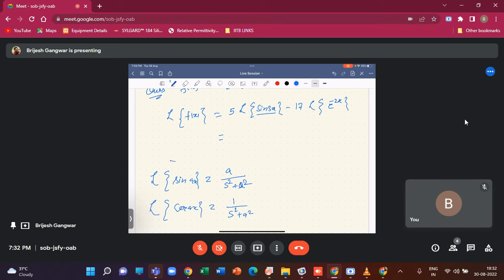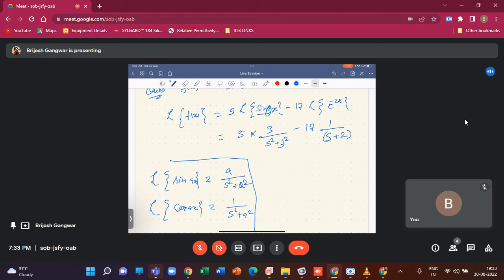So we apply this formula directly: 5 multiplied by, here our a is 3, so 3 upon s square plus 3 square, minus 17 times the Laplace of e to the power minus ax. We just calculated it for e to the power ax, so from that you can write 1 upon s plus 2.